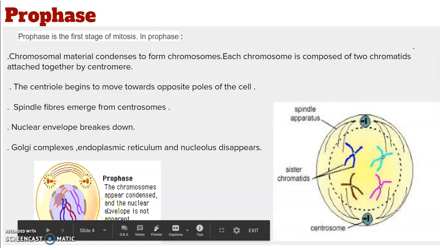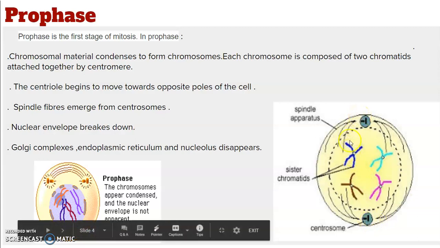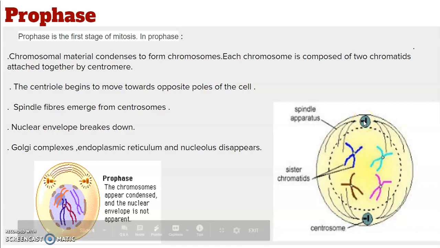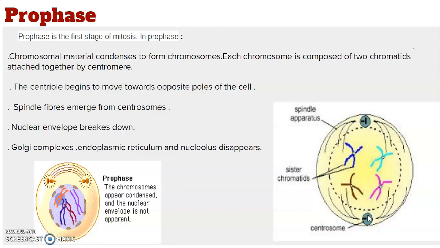Yes, children, one more time, let's go through prophase in detail. During prophase, the chromosomal material condenses and forms chromosomes. Each chromosome consists of two chromatids held together by the centromere. The centriole moves to the opposite poles. Here you can see this is the centriole, and it moves to the opposite poles.